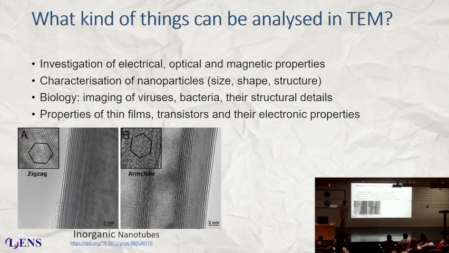So for example, I have a sample here. In this image, if you go to even more magnification, you will see something like this structure here. This shows how your atomic columns are arranged in this structure. And if you zoom in somewhere here, you will see a zigzag pattern. So you see differences in the way the atomic columns are arranged in your films or nanotubes in this case.